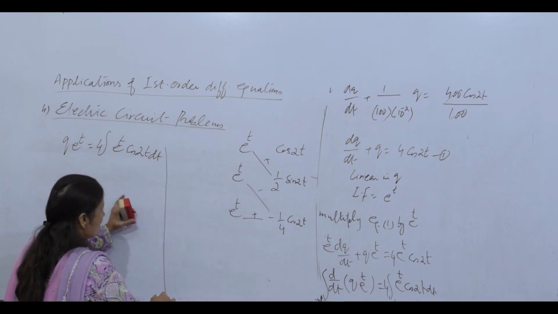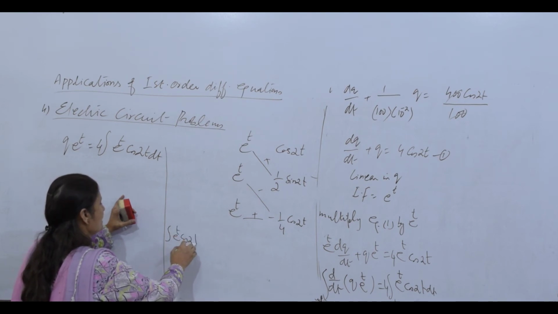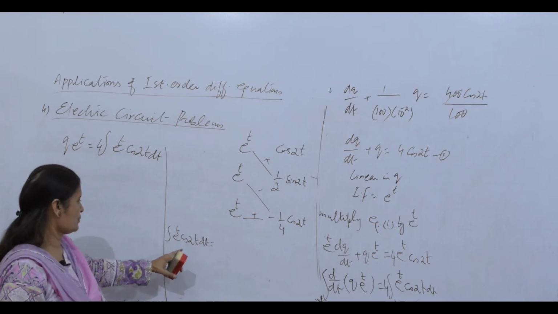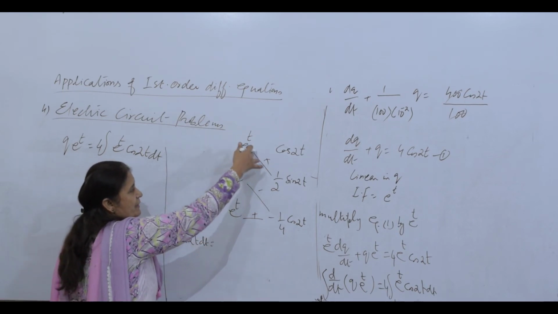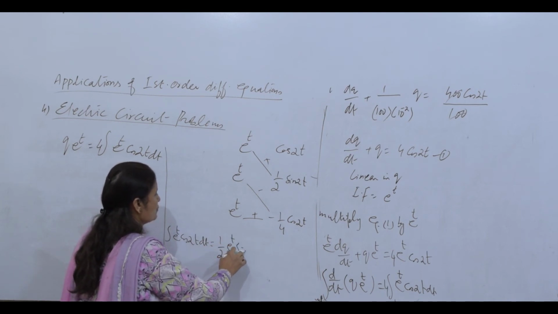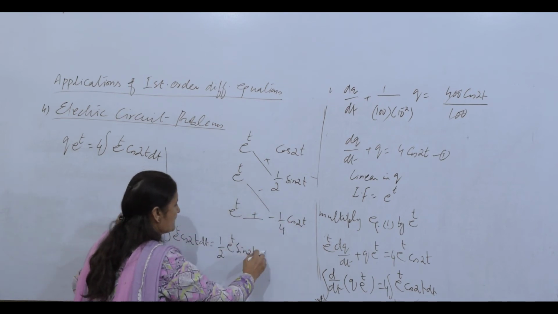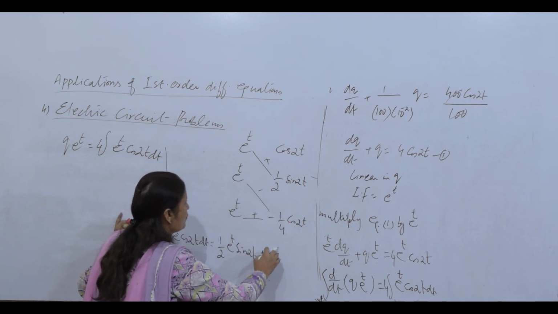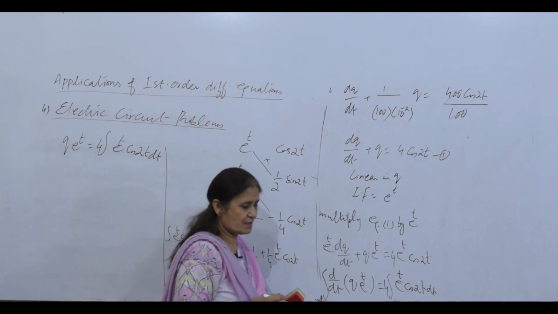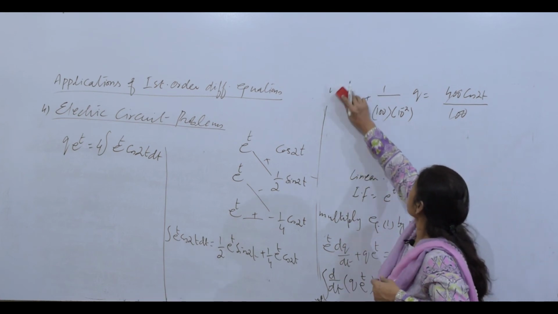I am solving the integral of e^t cos 2t dt. I have to show my working separately. I multiply these two, which is half e^t sin 2t. Then I multiply these two, minus minus plus, 1 by 4 e^t cos 2t.